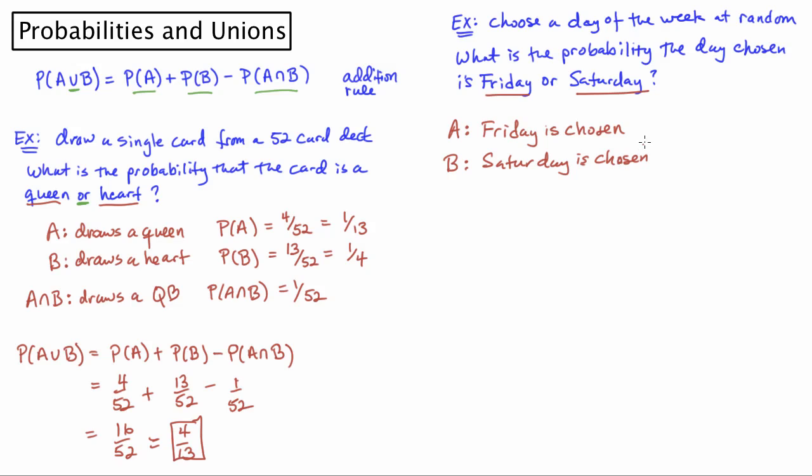We can quickly do the probabilities on those. The probability of A is clearly 1 out of 7, and the probability of B is also 1 out of 7. What about A and B? The addition rule says we have to calculate that. A and B would be both Friday and Saturday.